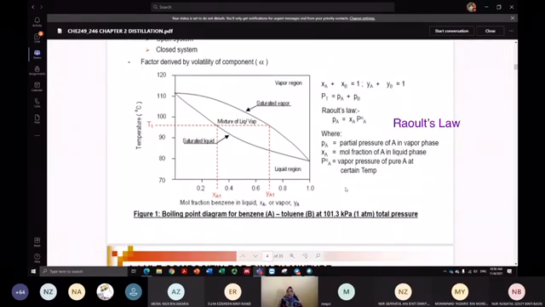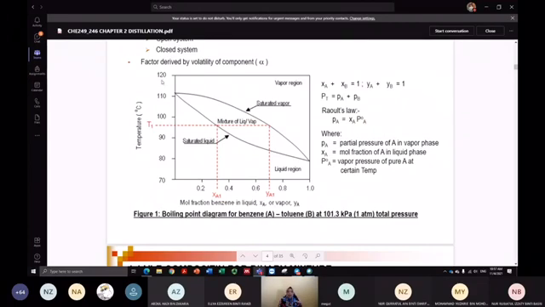Then, using Raoult's law, how do you get the partial pressure of A in the vapor phase? You get it from the mole fraction of the liquid multiplied by the vapor pressure of that particular component. This is how you use Raoult's law.